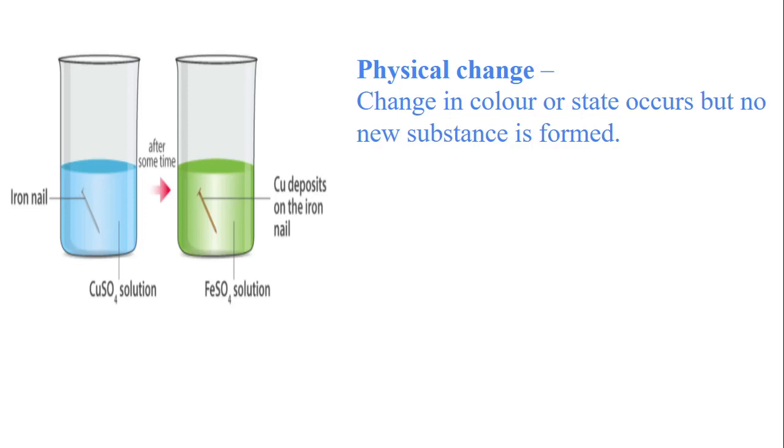In this activity, we have the change of color. That's why the change of color is a physical change here. So here we have learned the chemical change and the physical change. Now we can compare both and find the difference between them.